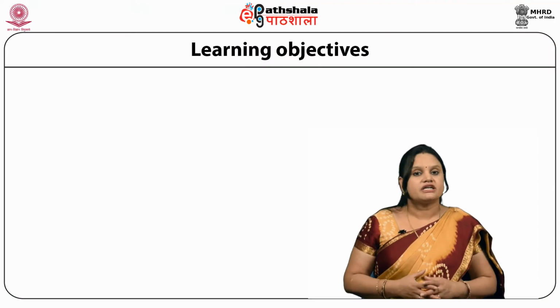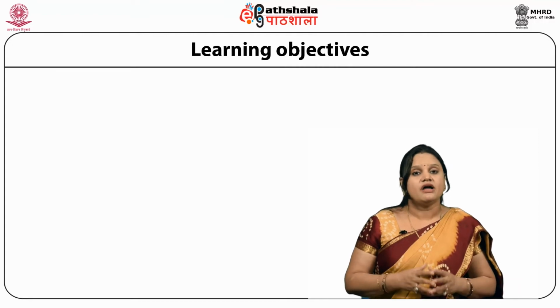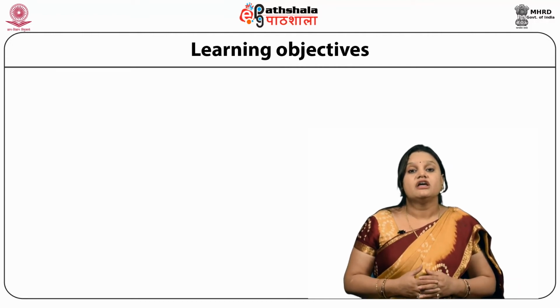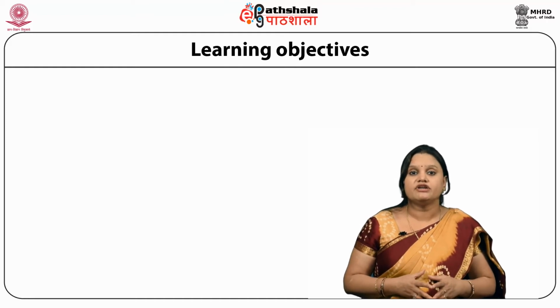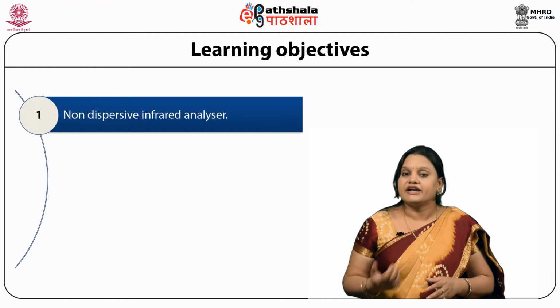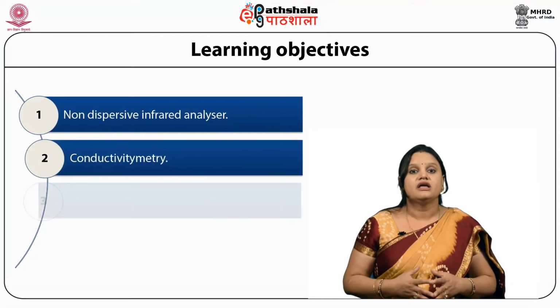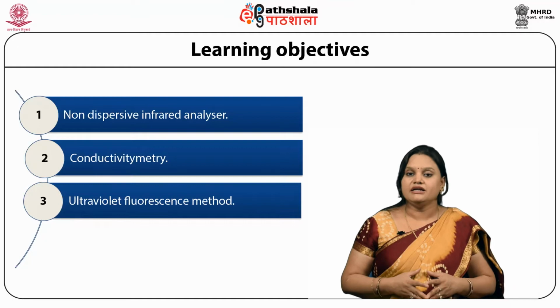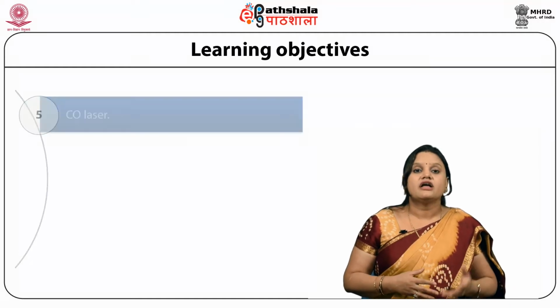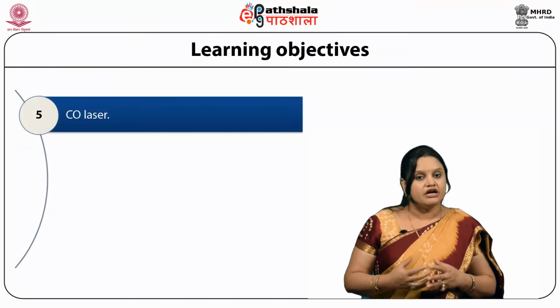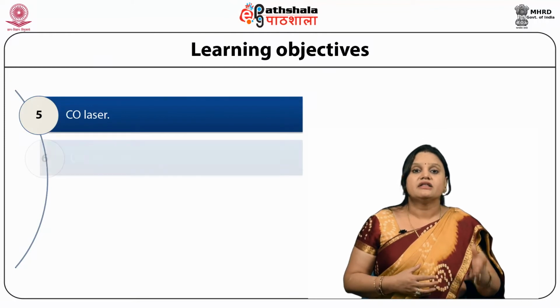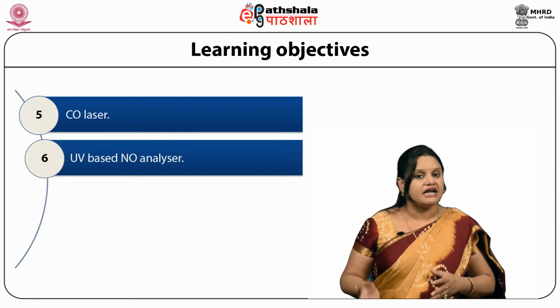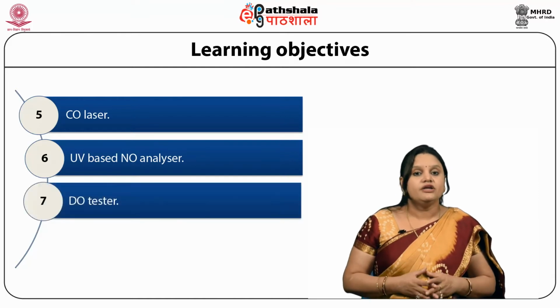The learning objective of this module includes the various analytical techniques used for the analysis of environmental samples, including the non-dispersive infrared analyzer, conductivity meter, ultraviolet fluorescence method, chemiluminescence method, carbon monoxide laser method, then the UV based nitric oxide analyzer, then a DO tester, that is, dissolved oxygen tester, or the pH meter.